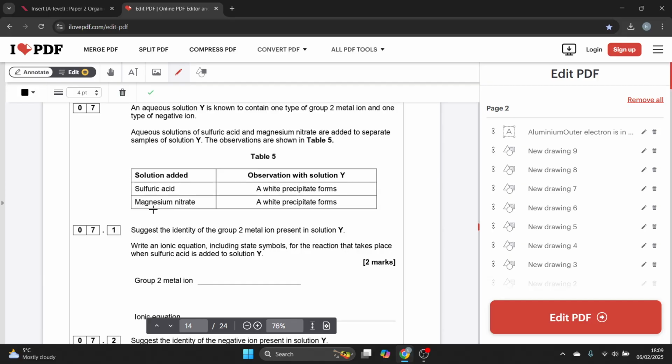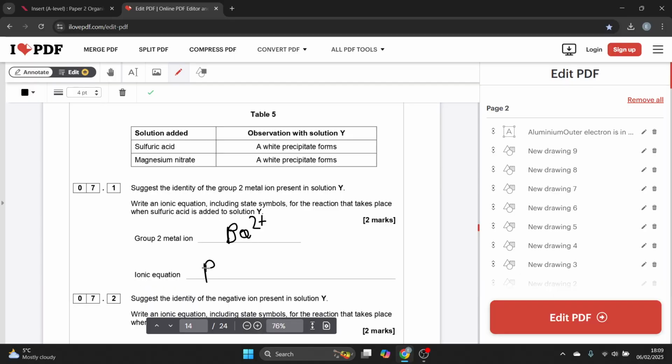Question 7. Suggest the identity of the group 2 metal ion present in solution Y. And it says, with sulfuric acid, a white precipitate forms. With magnesium nitrate, a white precipitate forms. Write the ionic equation for the reaction that takes place when sulfuric acid is added to solution Y. So it's clearly going to be Ba2+, because we're reacting with sulfuric acid and a white precipitate.